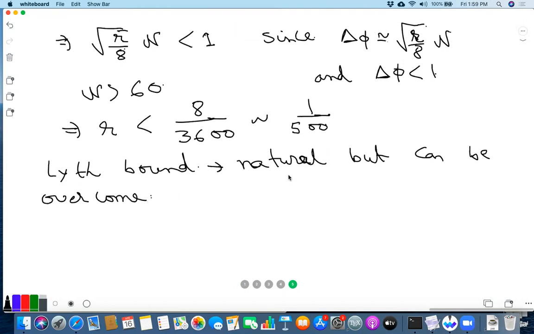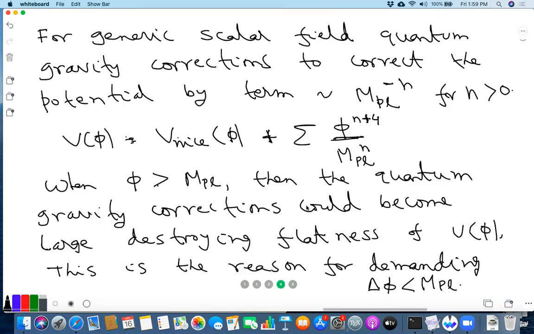So essentially, to get out of this naturalness argument, we have to find some way to make these terms absent. You have to give some argument as to why these terms shouldn't be generated. And sometimes that can be done by assuming some approximate symmetry of this potential. And there are some class of models with that property.